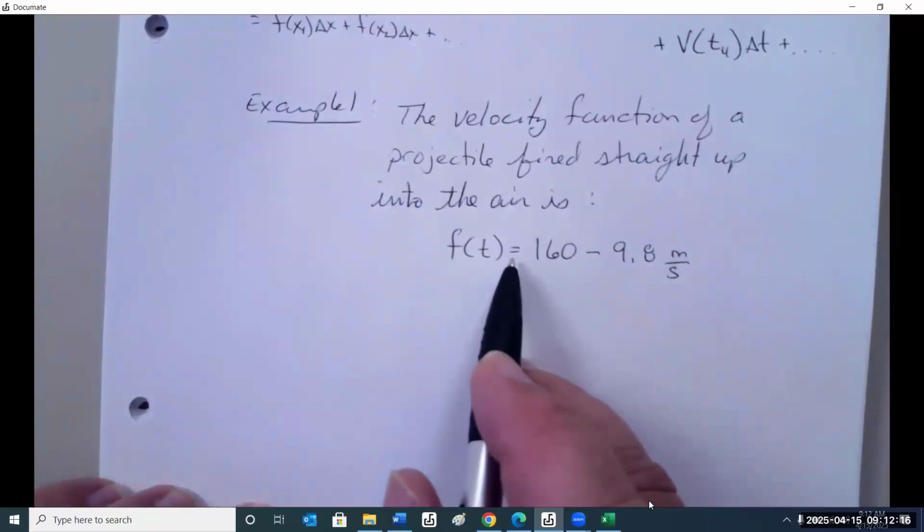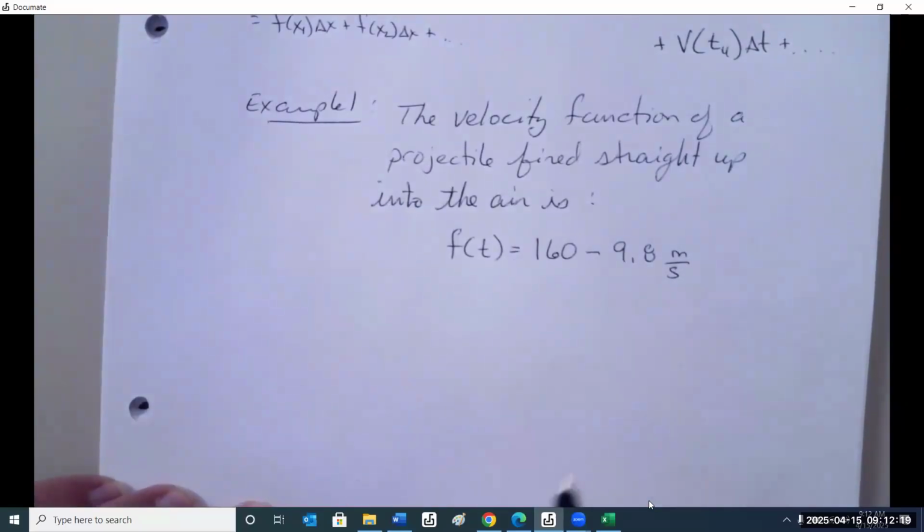Because we have to have our function that defines the movement of our object.